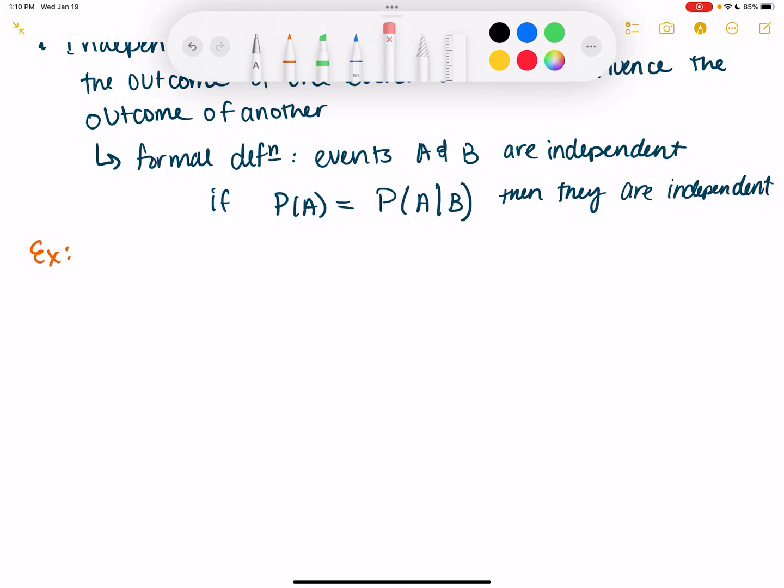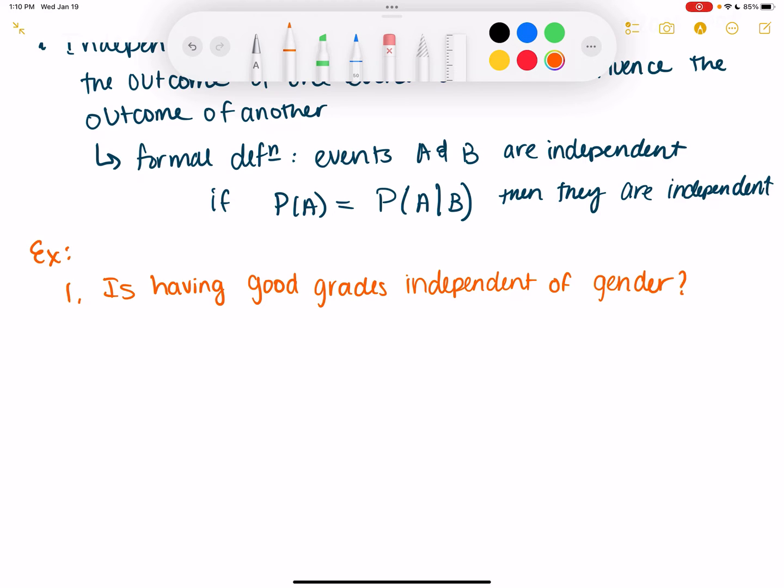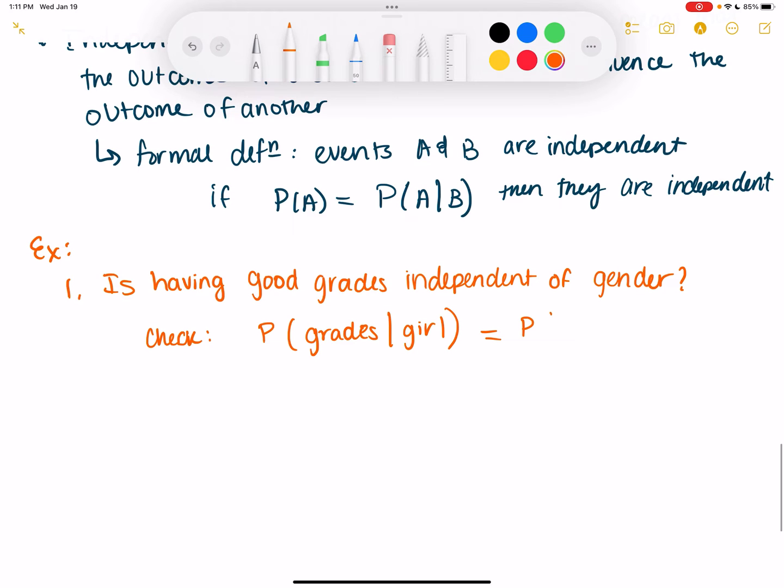Number one is having good grades independent of gender. So to check it, we would do the probability of grades given that it's a girl is equal to the probability of grades. Okay, so that would say that being a girl shouldn't change the probability of grades happening, basically.